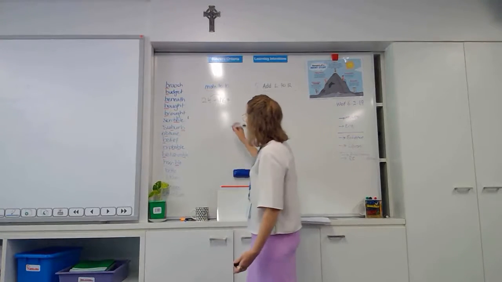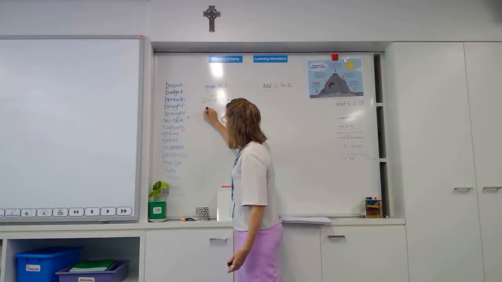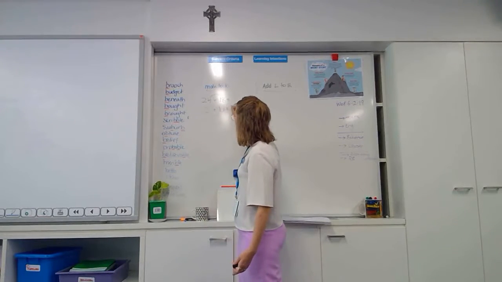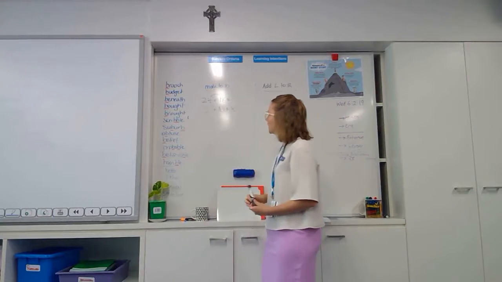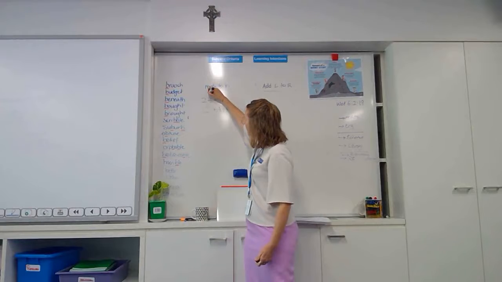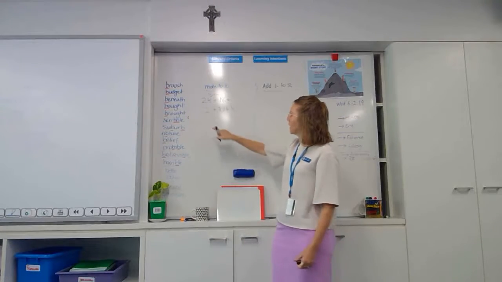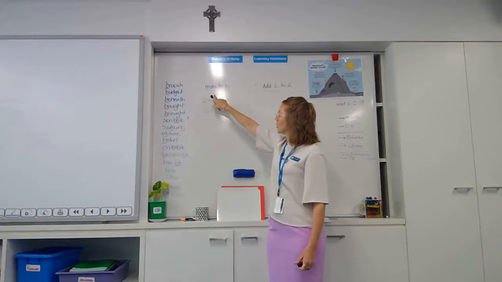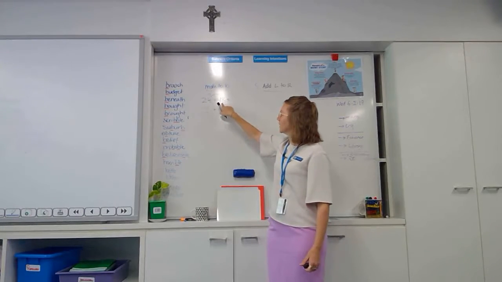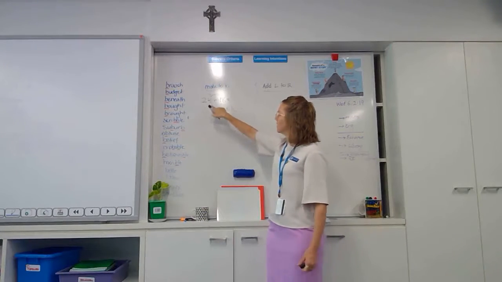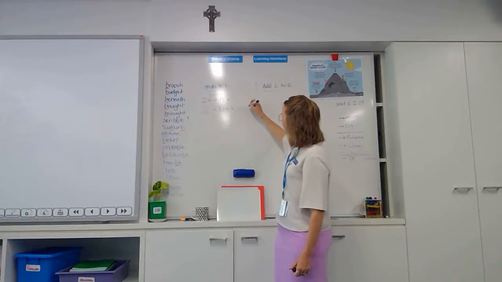Another way you could do it is to separate it into 22 plus 10 plus 10. What I've done there is I've taken 2 from here and I've made that into 22, and then I've got a 10, the 2 and the 8, and this 10. That's heaps easier to add than that, okay? And I've got an answer of 42.